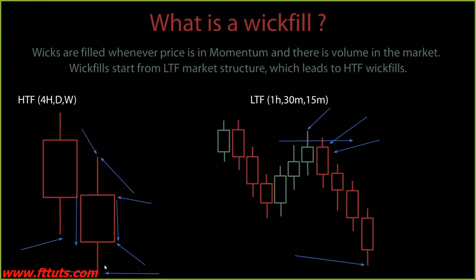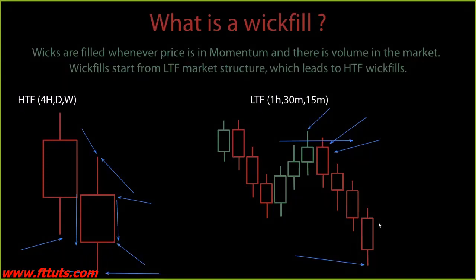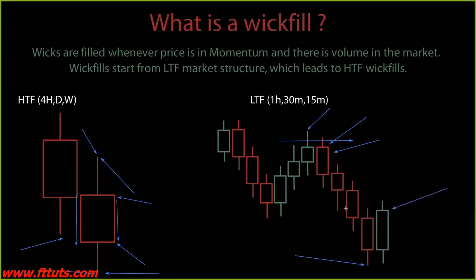But for the daily candle to close where it closed, we need a bullish candle closing right over here, which is going to be like this, right? So a close of the 4-hour at this point is also the close of the daily candle at this point. Does this make sense? Kind of makes sense.